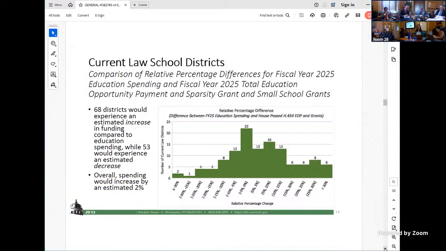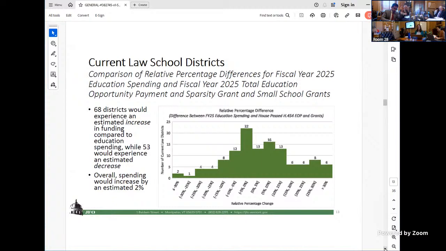What we're looking at here is that 68 current law districts would see an estimated increase in funding compared to education spending, while 53 would experience an estimated decrease, right? All of those caveats in mind. So this page, just to make sure I understand it, this is all above the line, so this is all districts that get more.